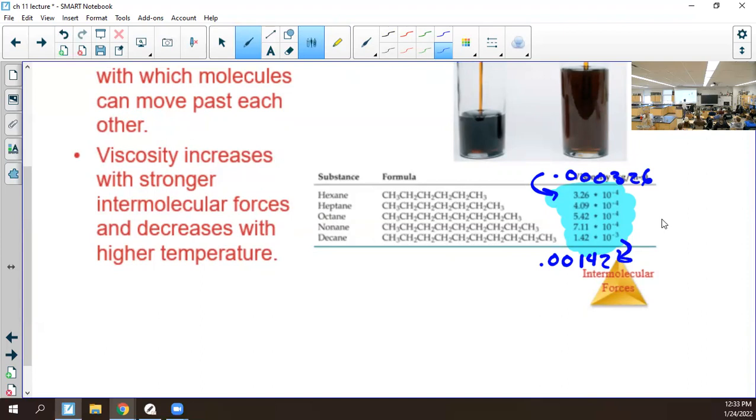So what do we know about its van der Waals forces compared to that? Bigger. It is more polarizable, right? Versus hexane, which is a liquid at room temperature. This is probably a liquid, but a really viscous one. You okay with that? So the stronger the intermolecular forces, the more it resists flowing.